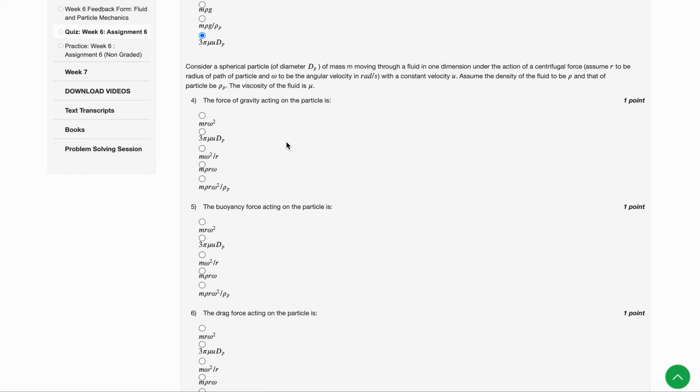So assume r to be the radius of the path of the particle and omega to be the angular velocity in radian per second. So the particle is rotating in some path. Let's say this is my path of the particle where it is rotating. One minute.